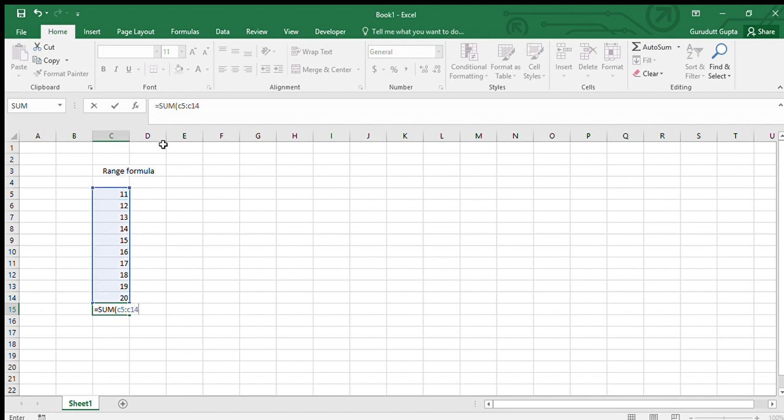C14, SUM bracket close, enter, and there we got the sum of all the cells from C5 to C14.